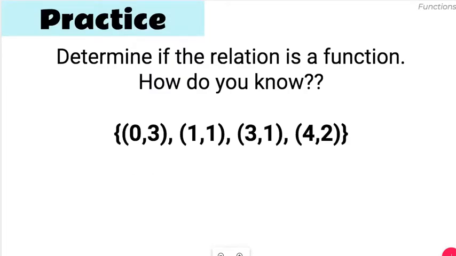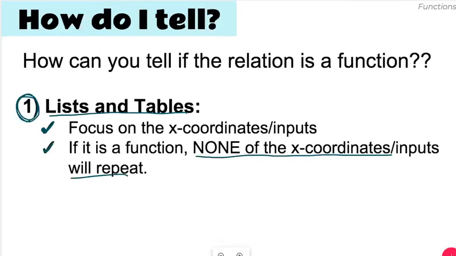All right, let's get into some practice. Determine if the relation is a function. How do you know? So we have a list of numbers. So go back and look at the section that says, how do I tell? So let's review. How do you tell if a list is a function? Well, if a list is a function, we focus on the x coordinates. If it's a function, none of the x coordinates will repeat.